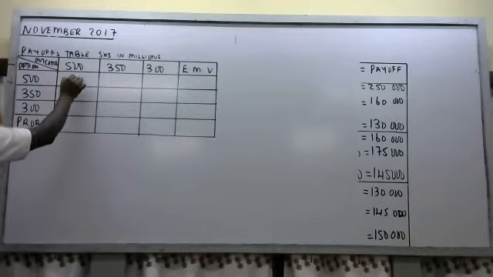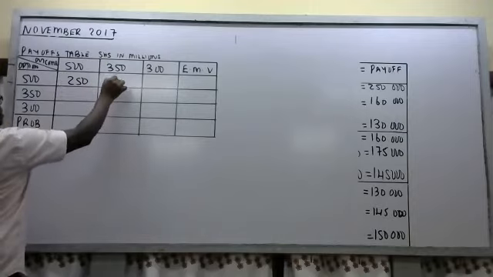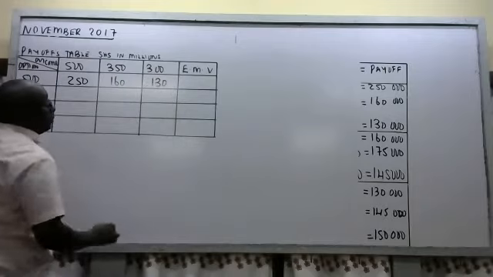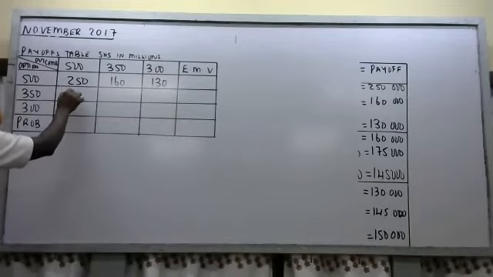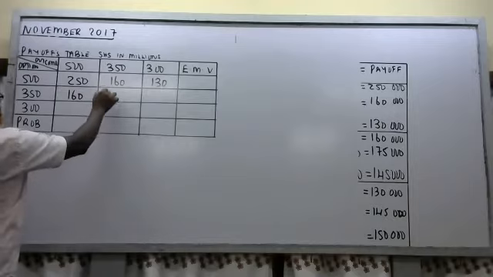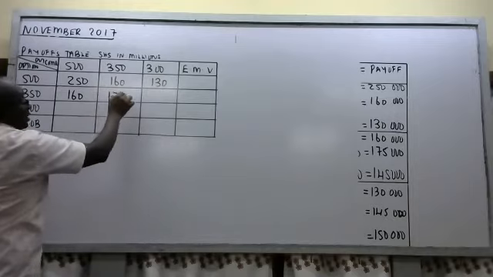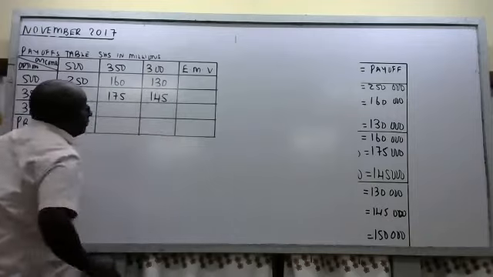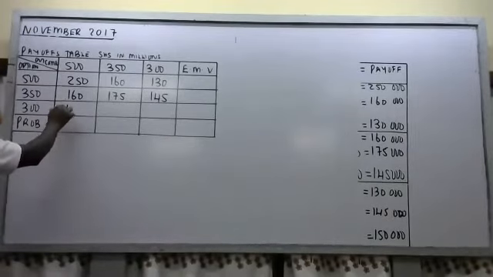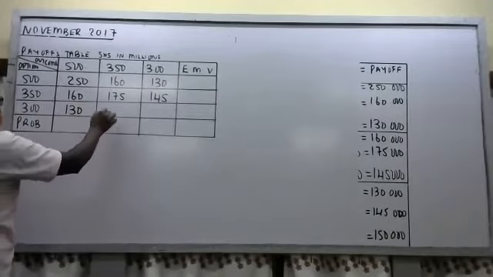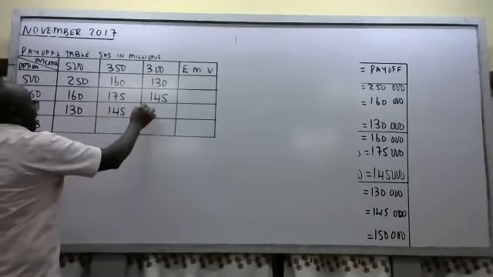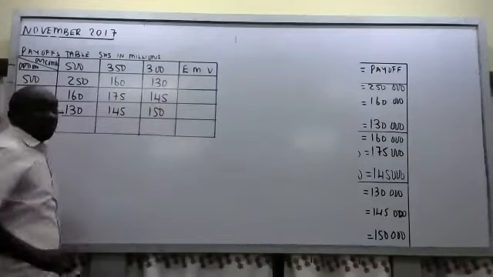So this is 250, this is 160, this is 130, then 160, 175, 145, this is 130, 145, and 150.